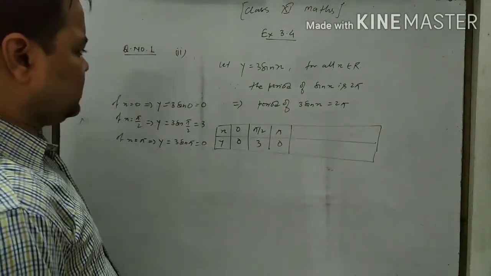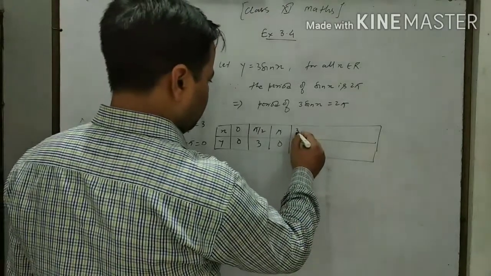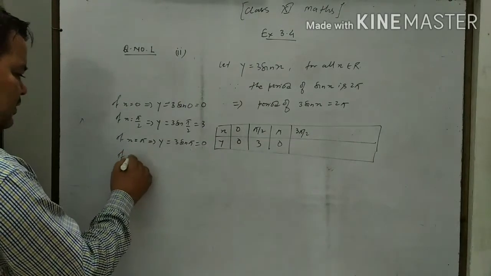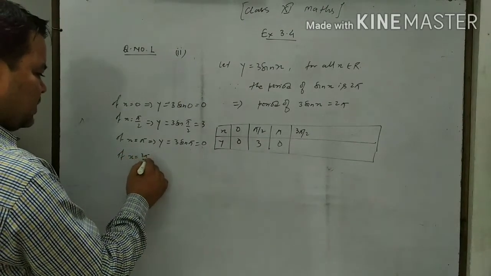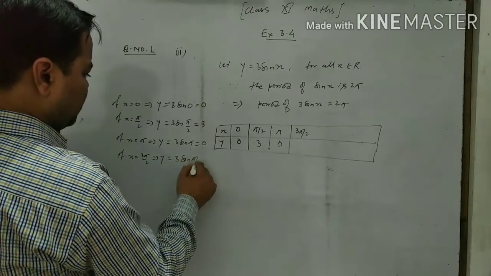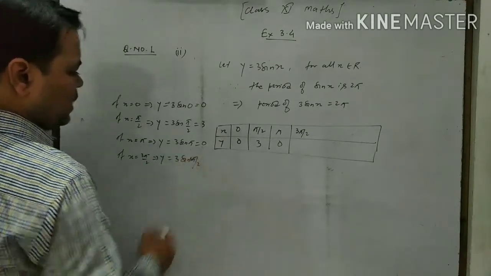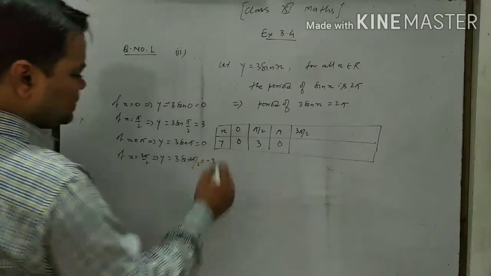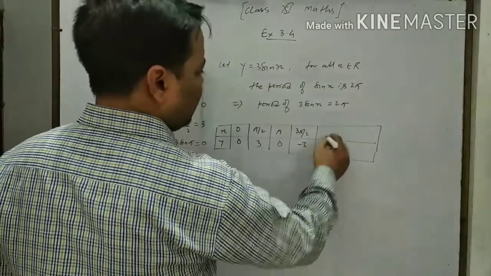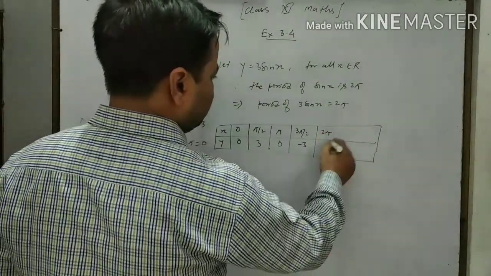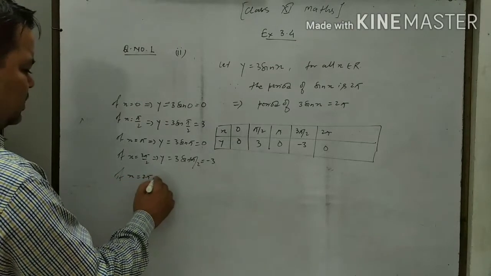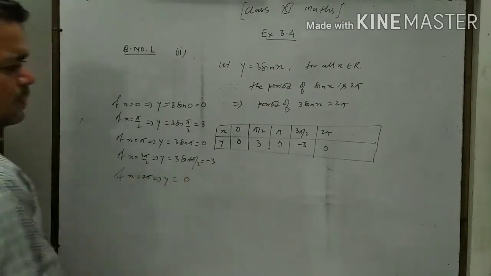Again at 3 pi by 2, if x is equal to 3 pi by 2, then y is equal to 3 sin 3 pi by 2, and its value will be minus 3. Again at 2 pi, its value will be 0. So if x is equal to 2 pi, then y is equal to 0.